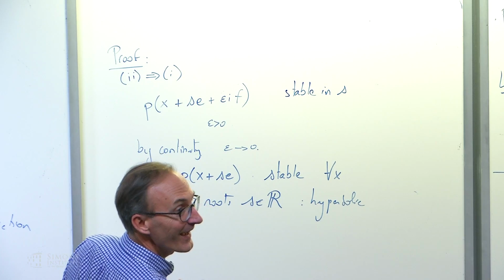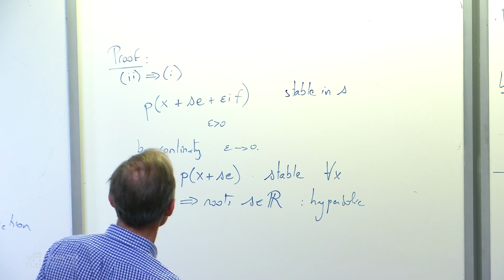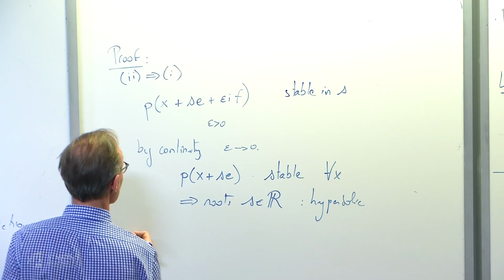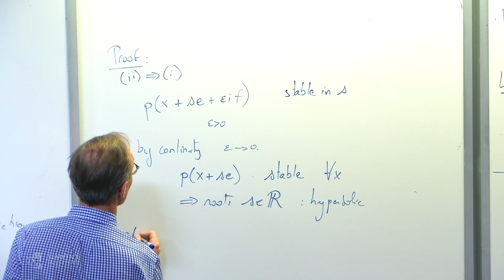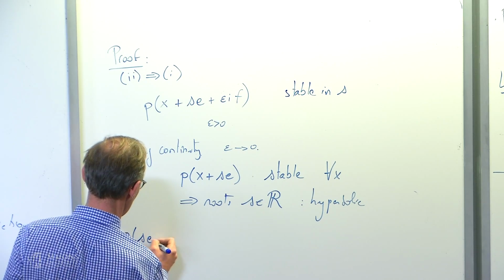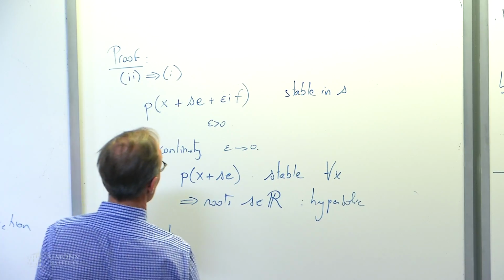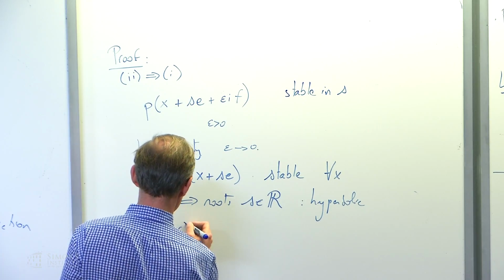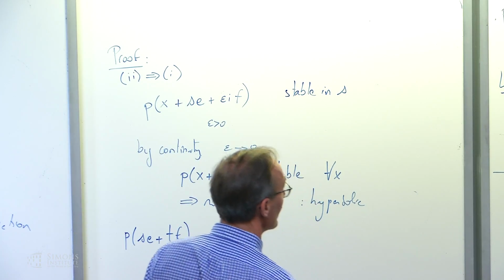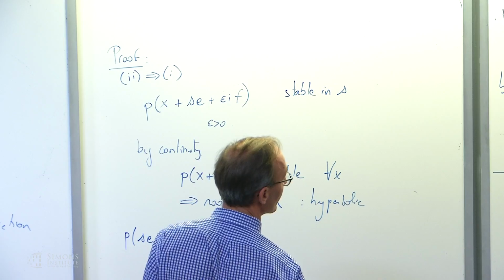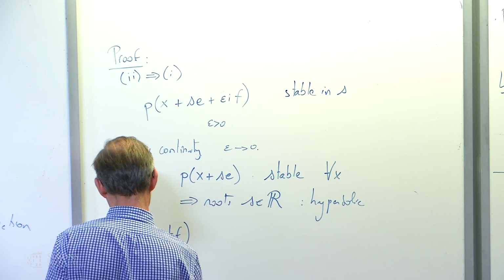You set x to 0. Yeah, so if I set x to 0, I look at P of sE plus tF, and then you can write it as a product over the eigenvalues.